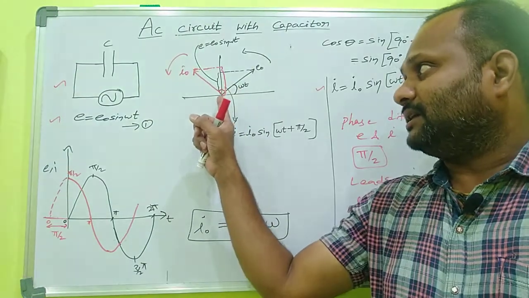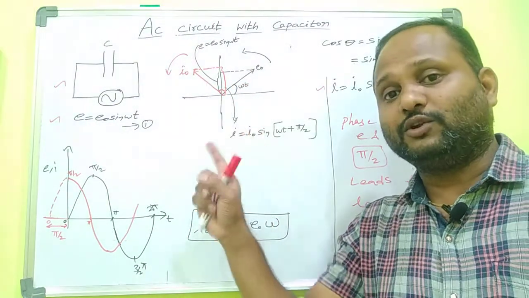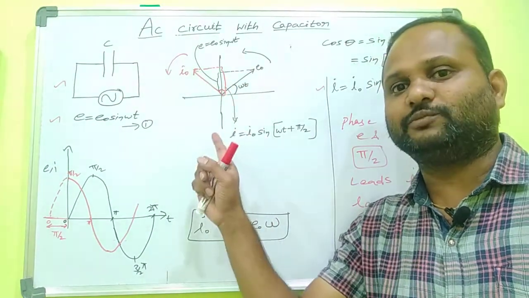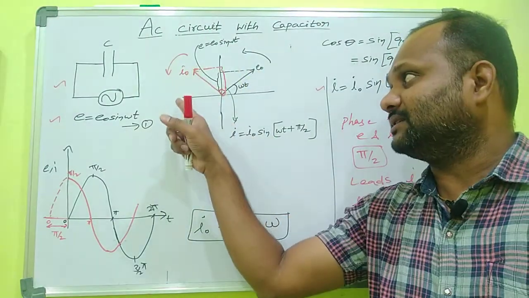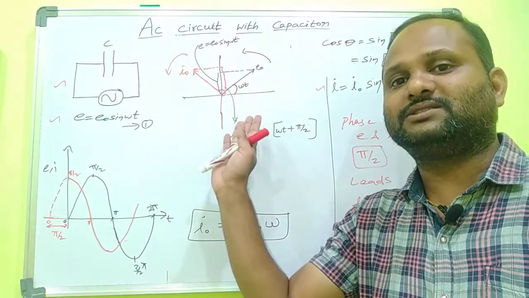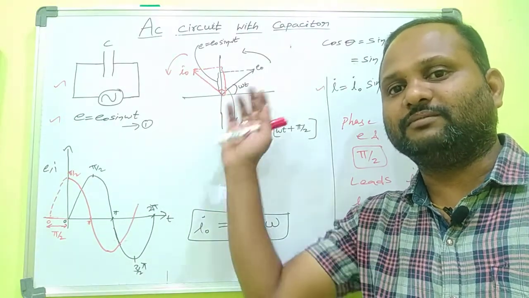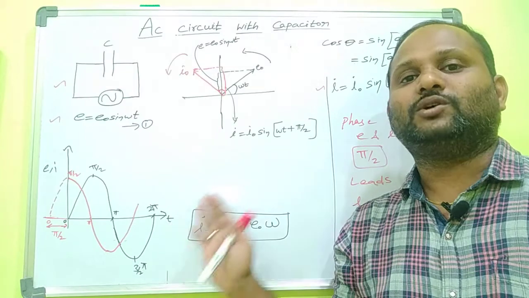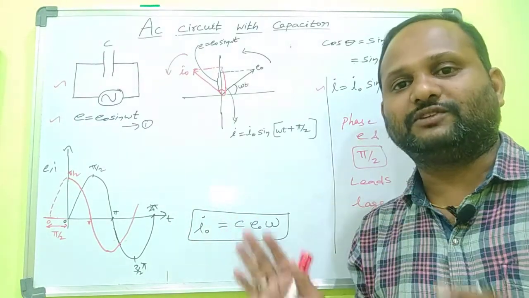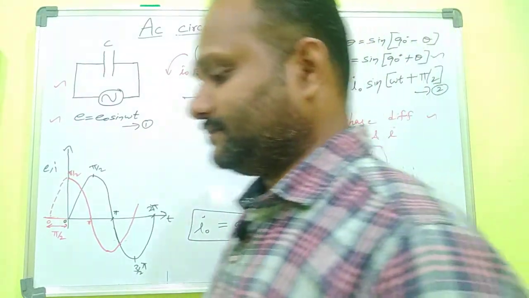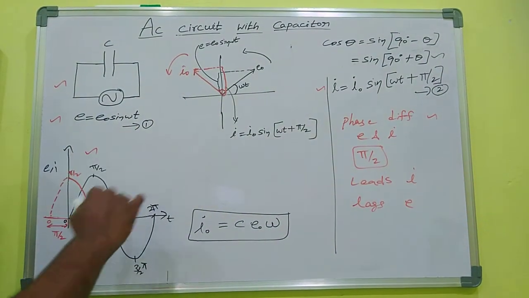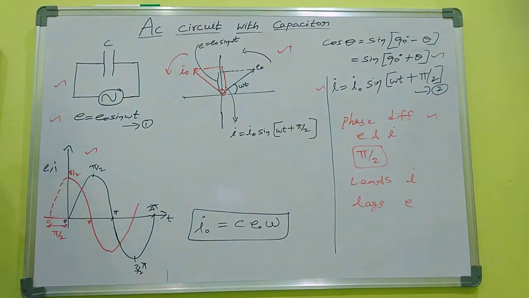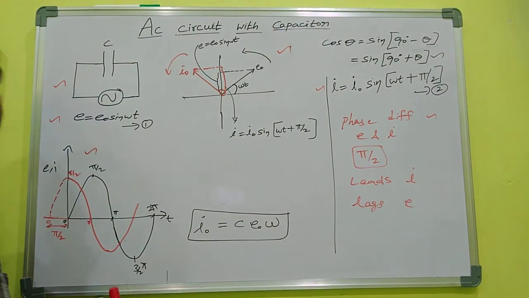In this phasor diagram, we know very well about the phase difference between E and I. At that instant, EMF is increasing, current is decreasing. What angle gives us, we infer some information from this phasor diagram. So this is one way of representing the phase difference between E and I. Okay, good. So we discussed the wave diagram and the phasor diagram. So six things we have discussed now. I hope you understood very well till now.